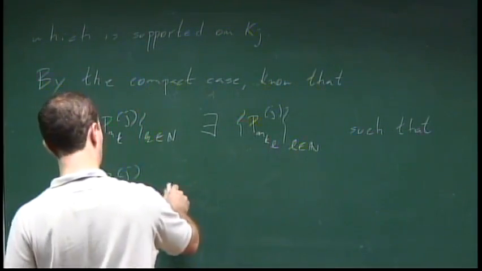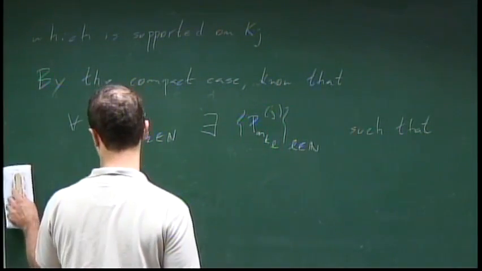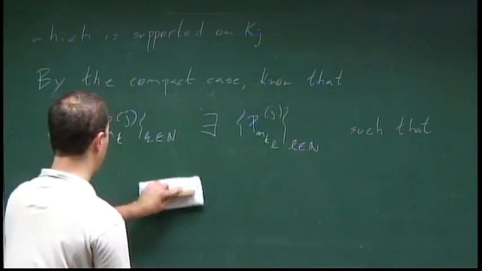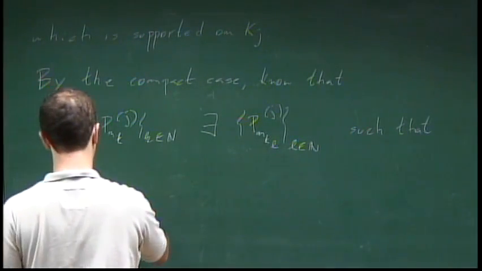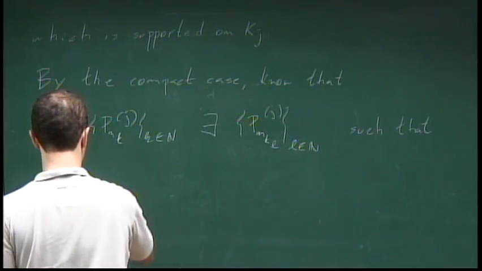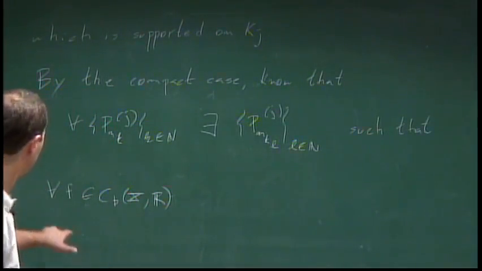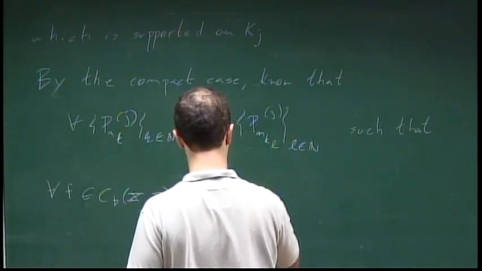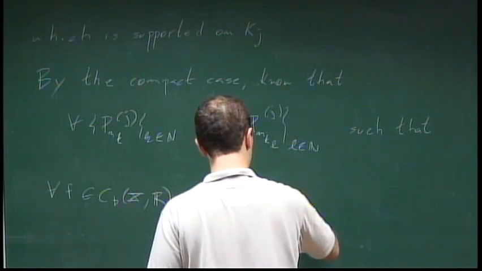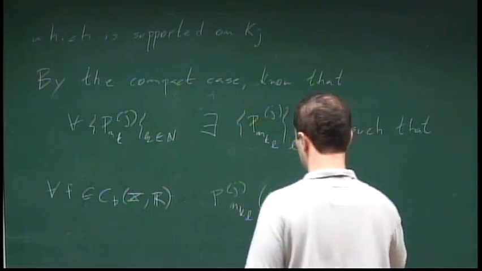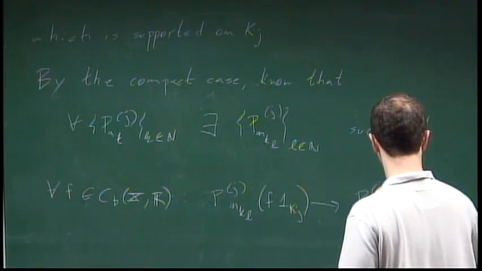Well, okay, such that for all continuous bounded functions f over X, I have that Pjnl of f indicator 1Kj converges to some measure Pj of f 1Kj.